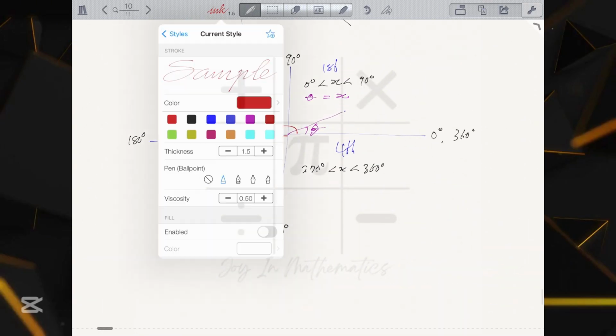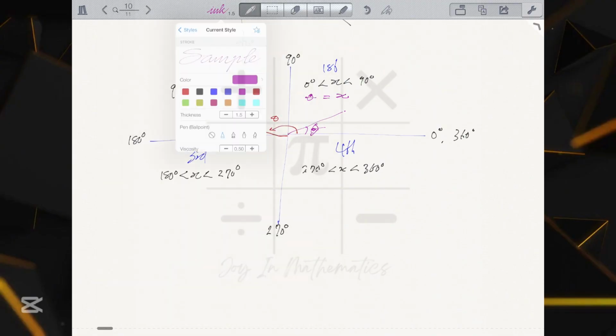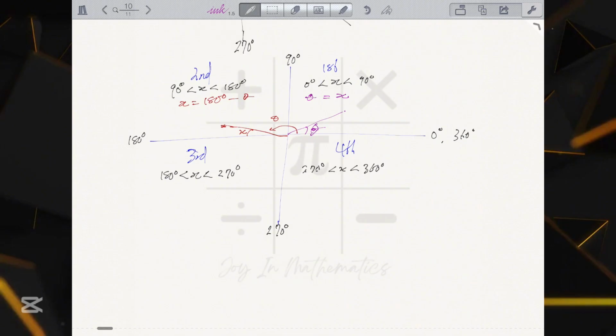Moving on, we move on to the third quadrant now. We understand that we'll have an angle represented here, and if we call this angle theta, the related acute angle is the one with respect to the positive x-axis.